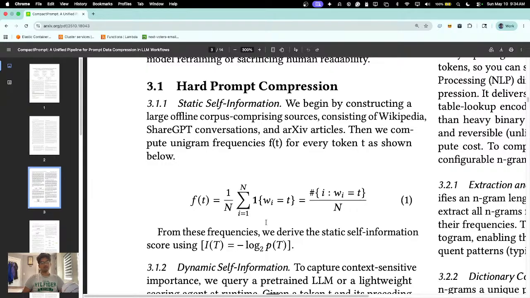However, the actual benefit to static self-information is that it is able to use a simpler way of computing things, right? It's not using complex algorithms. It's not using a lot of computation.